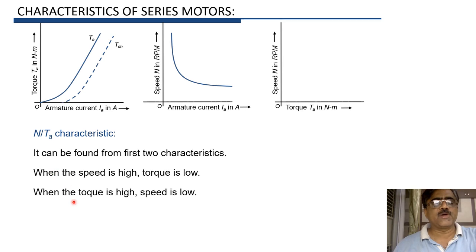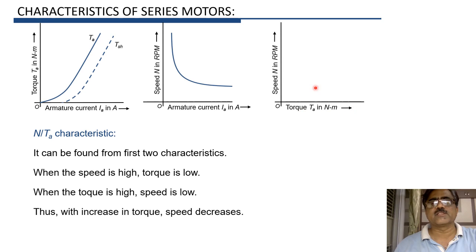With this information, we can conclude that with increase in torque, speed of the motor N decreases. So the characteristic will be inverse. This is the shape of the characteristic. So in case of DC series motors, as torque increases, speed of the motor N decreases.